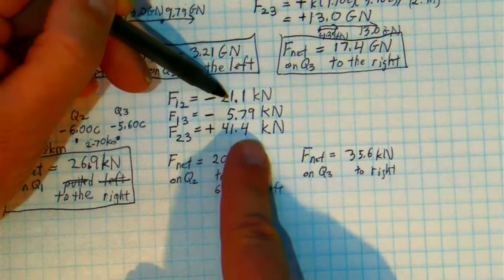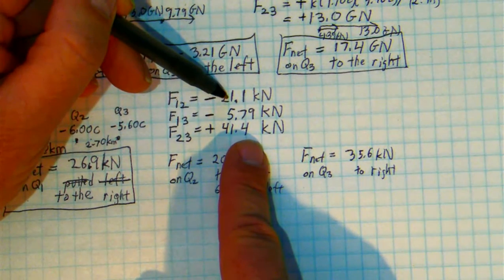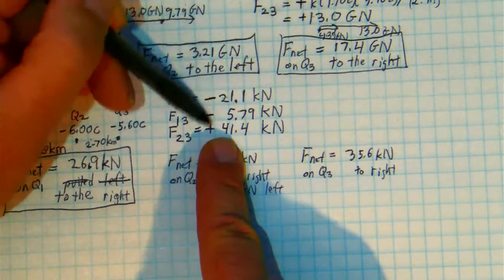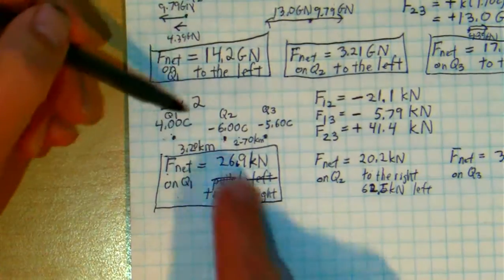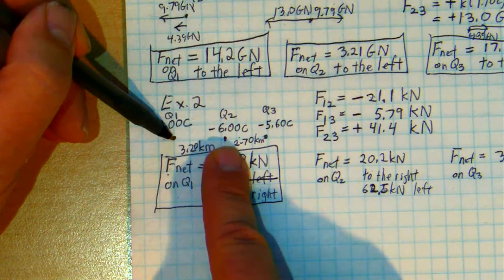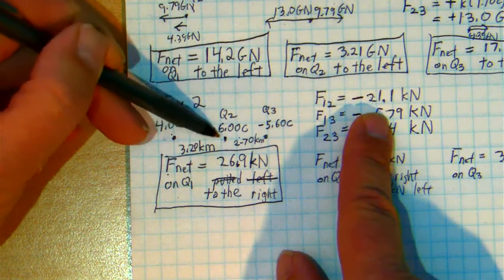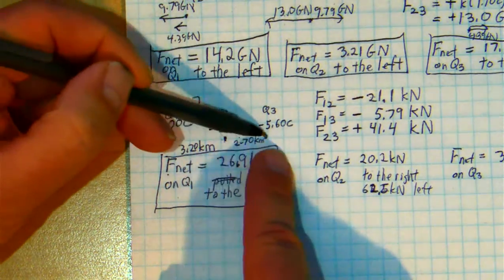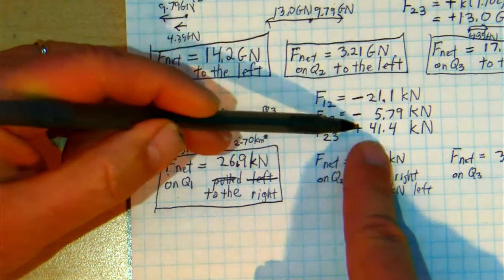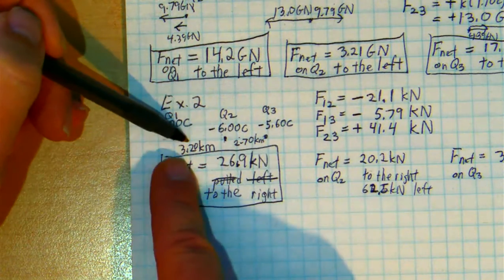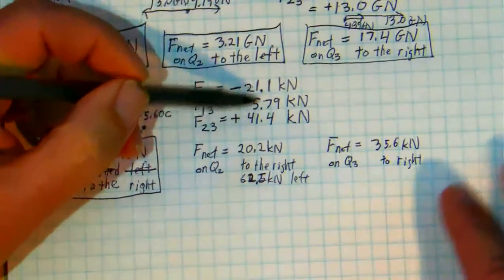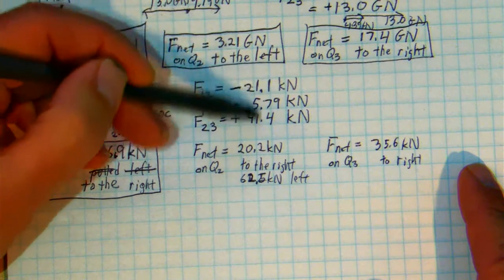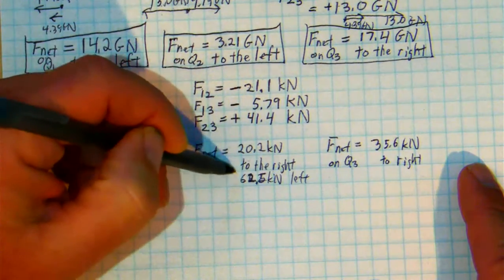So both of these forces are acting to the left, pulling to the left and pushing to the left. Even though they're opposite signs, it's because Q1 is to the left of Q2, so a minus sign means pulling left. Q3 is to the right of Q2, so a plus sign means it's pushing to the left. So in this situation, I would indeed add their magnitudes together, and I get 62.5 kilonewtons to the left.